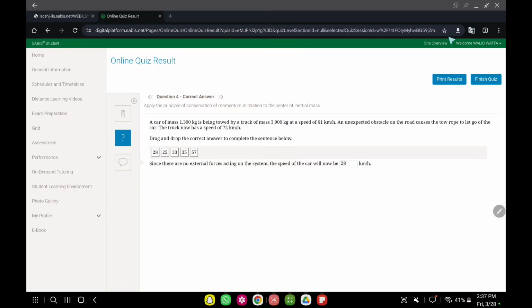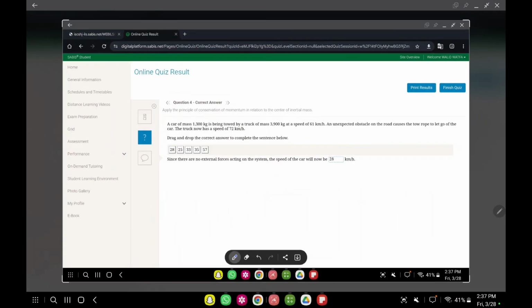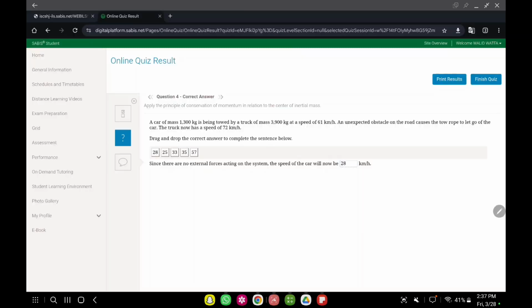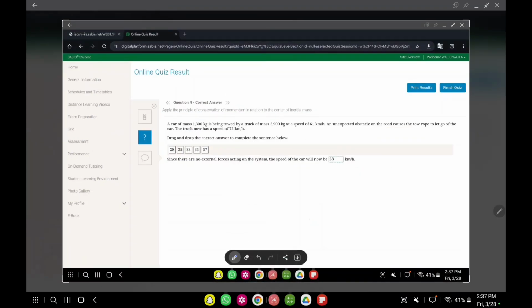So this is actually, think of it as an explosion. You have this big truck, and it's carrying over here a car. Excuse my drawing.